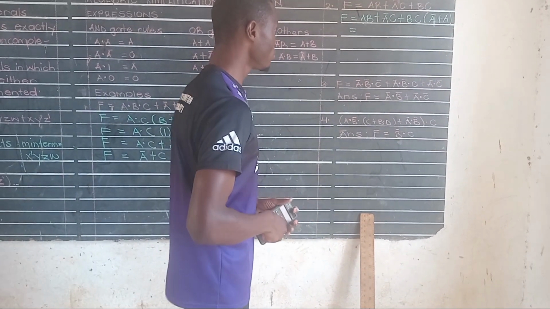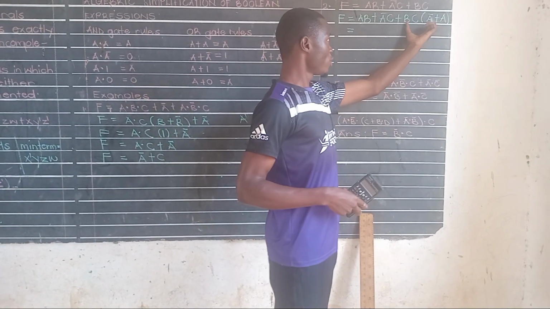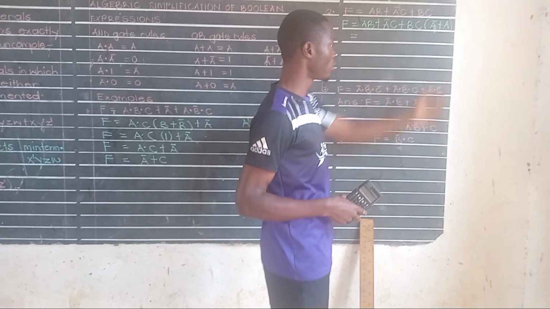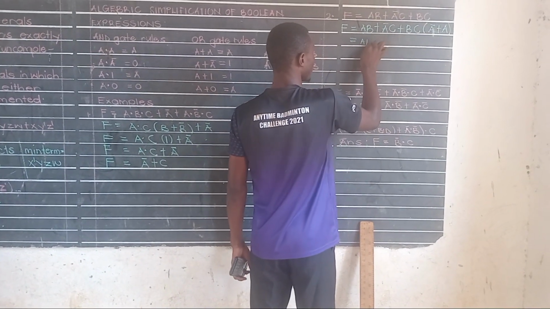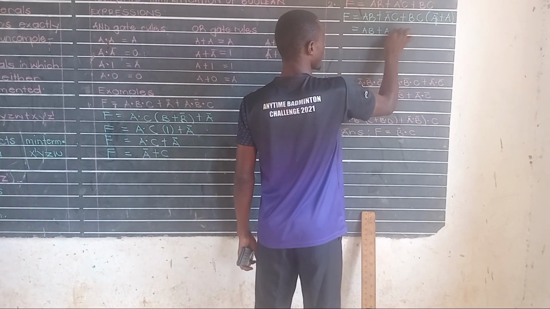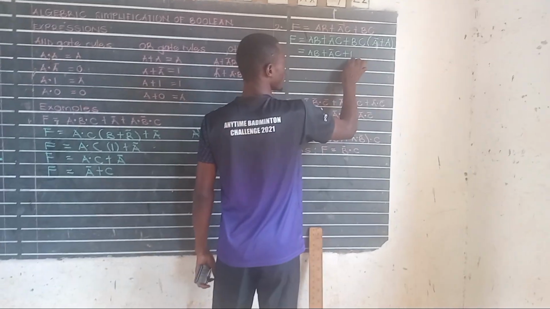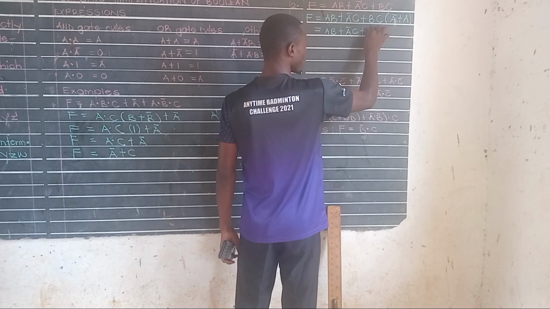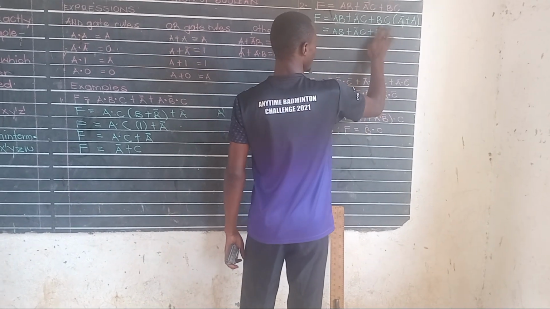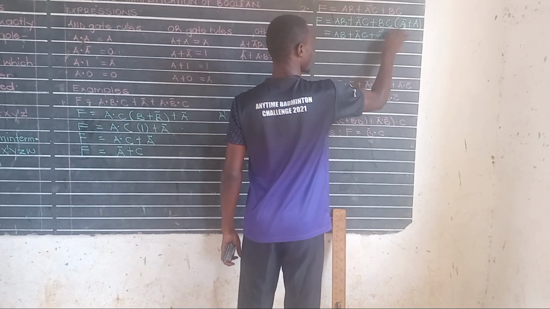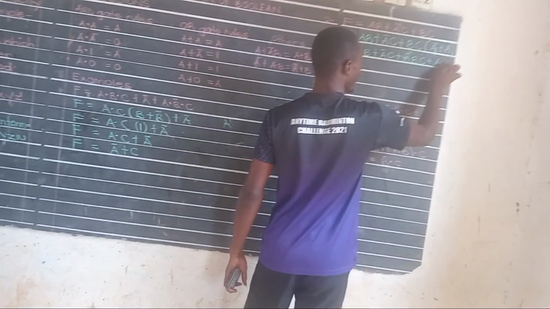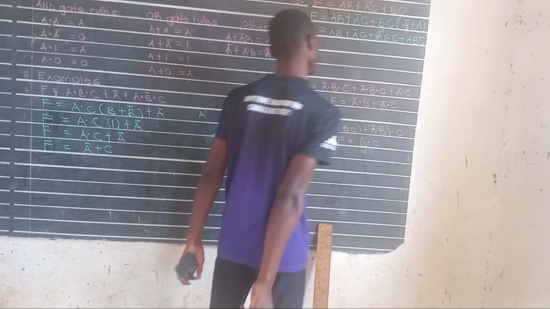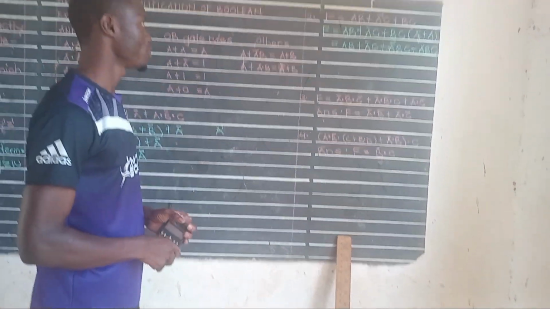So I'm going to apply the law of distribution on these two terms. If I apply the law of distribution, this is not A, let me use bar, it is not A B C, or A B C. So what else?